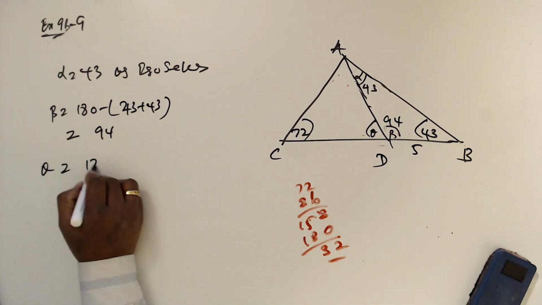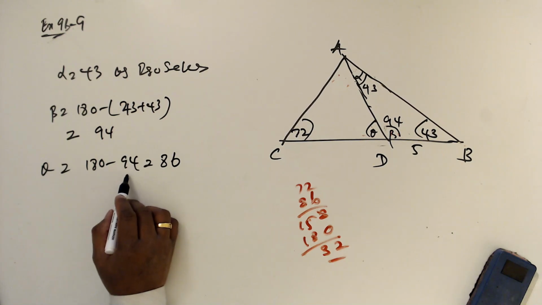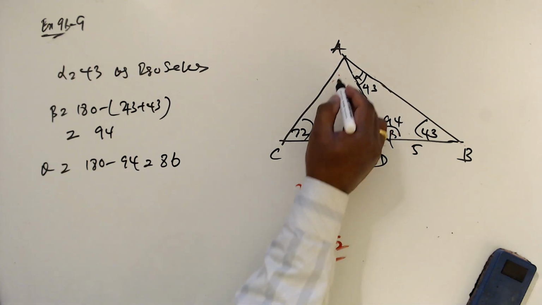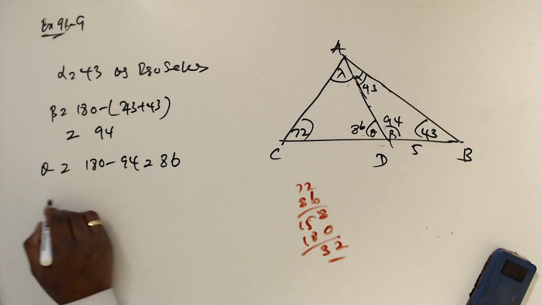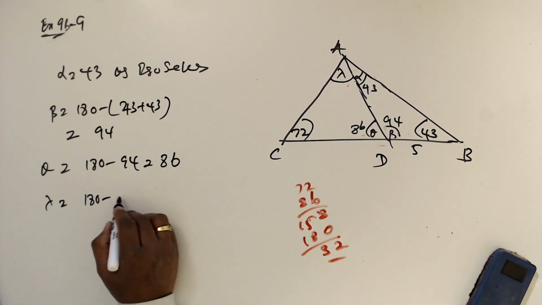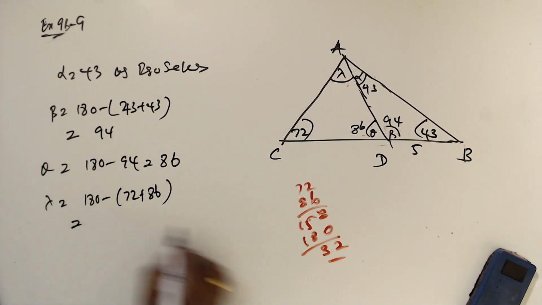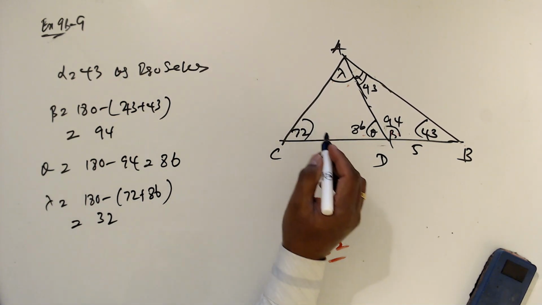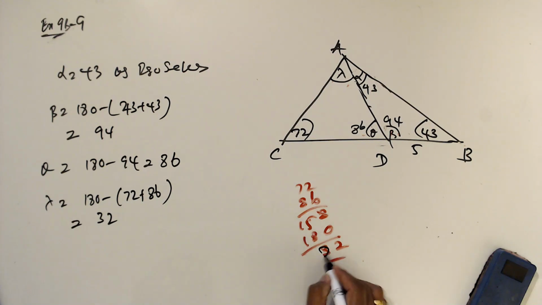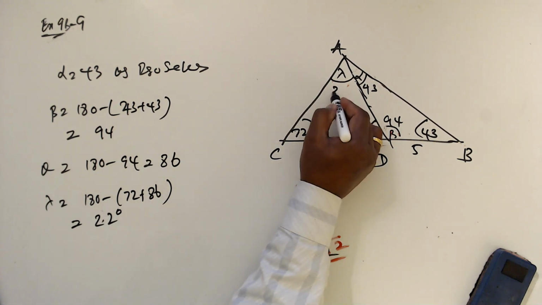So theta equals 180 minus 94, which is 86. So this is 86. Now this is lambda. So lambda equals 180 minus 72 plus 86. This is going to be 22. So this is 22.